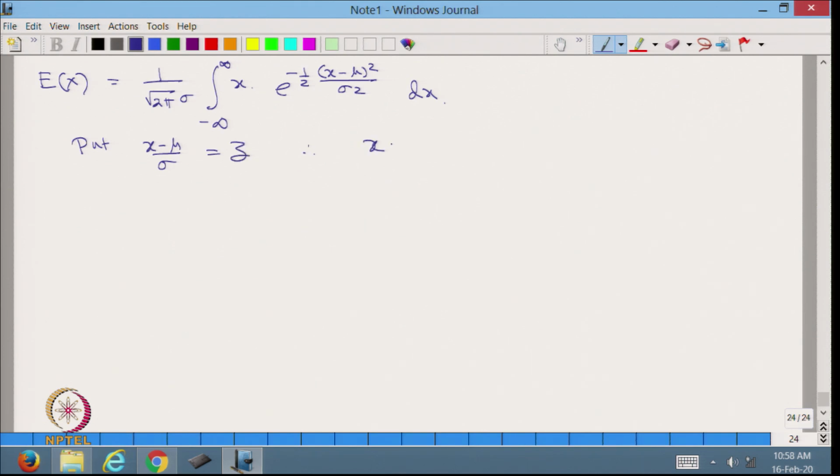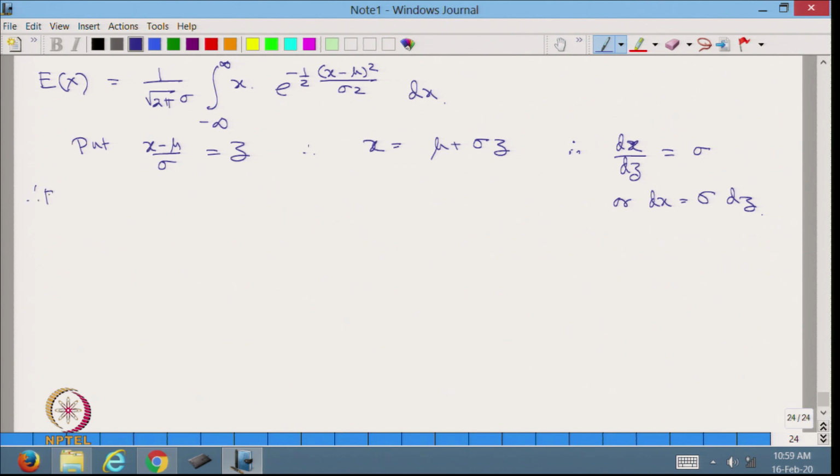Therefore, x is equal to mu plus sigma z. Therefore, dx is equal to sigma dz.